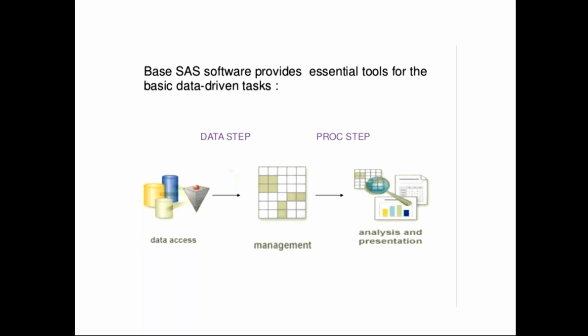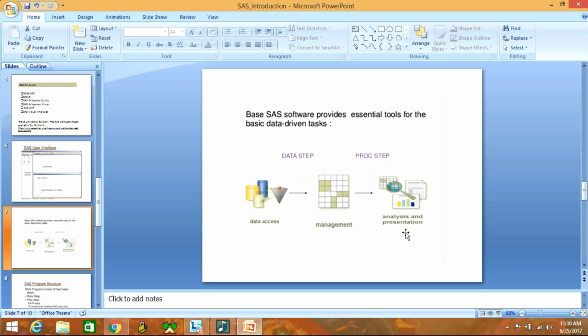A data step is basically for data manipulation purposes. So if you want to join tables, transform variables, or do missing values treatment, all these things are done in data steps. We'll also cover a little bit of details of data step and proc step in the subsequent slides.